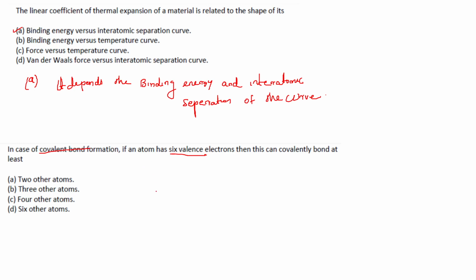So here, if it is a covalent bond and the atom has 6 valence electrons, the total in an orbital will be 8, so 8 minus 6 will be 2. Those 2 can be covalently bonded to other atoms, meaning can be covalent bonded with that.